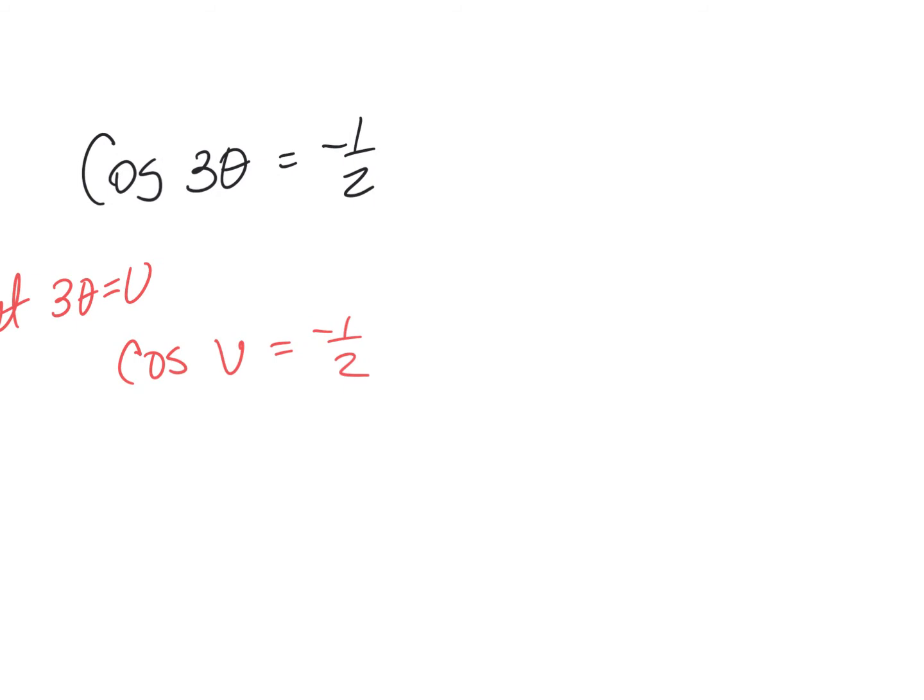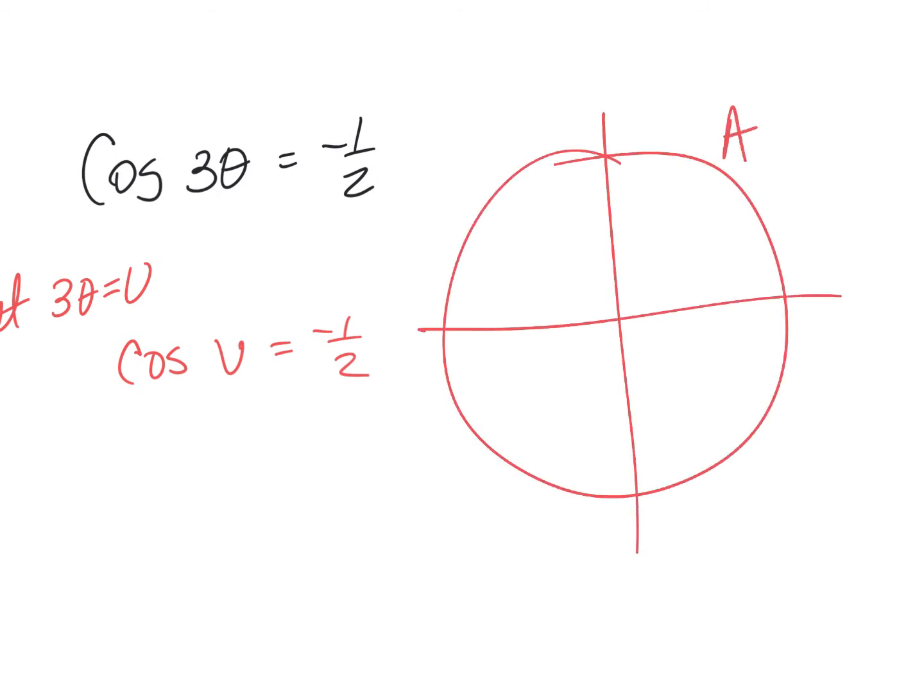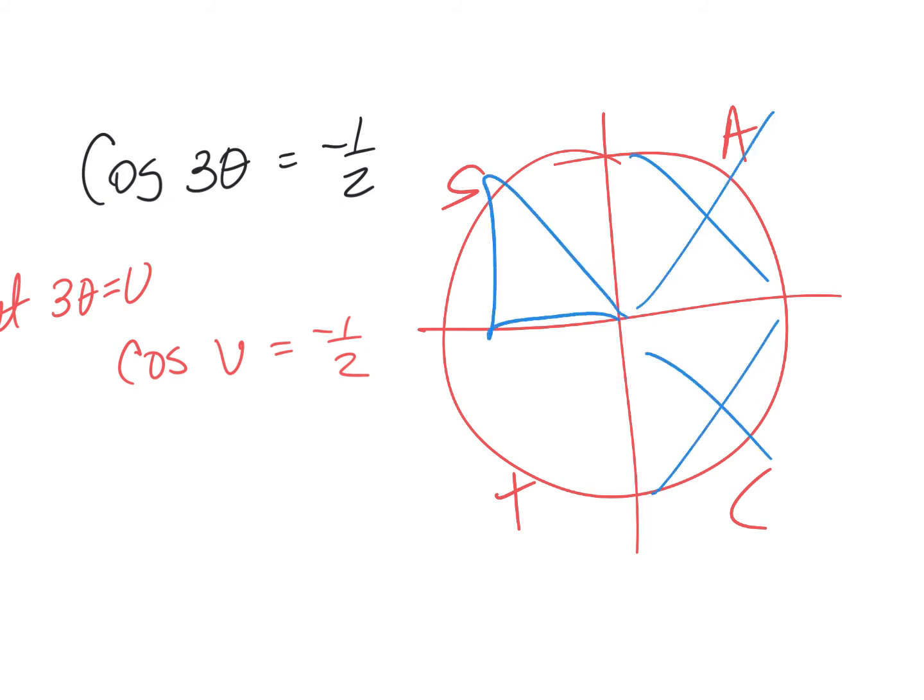All right, so catch up to me. If I get ahead of you, I'll pause and then I'll let you catch up. So cosine's negative. Yeah, this is definitely a different problem because now this one's 60, which is the same as pi over 3.